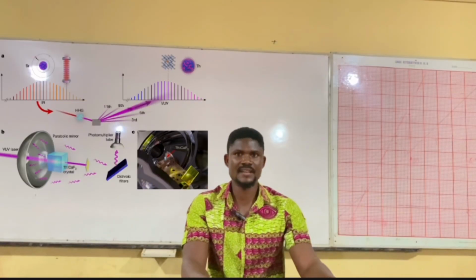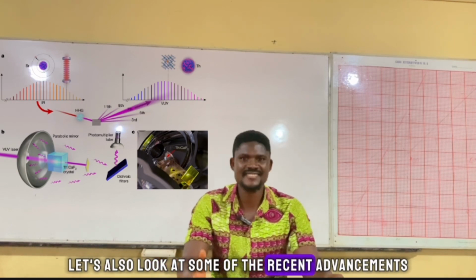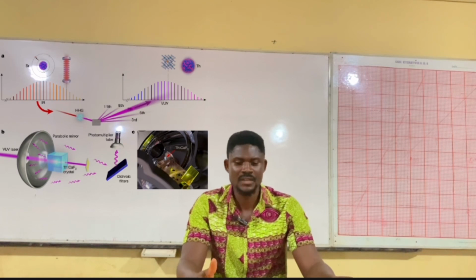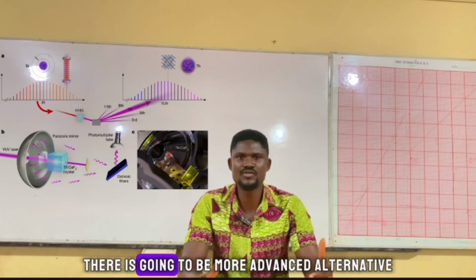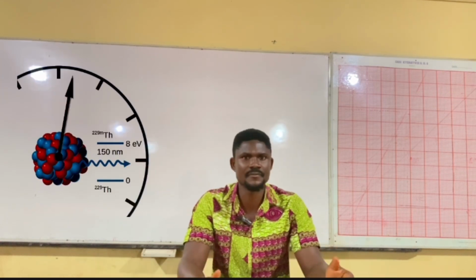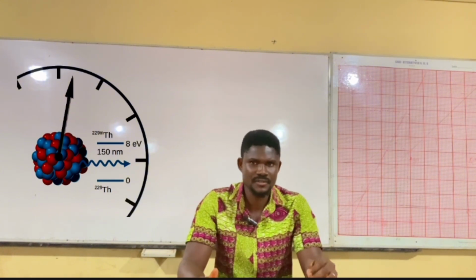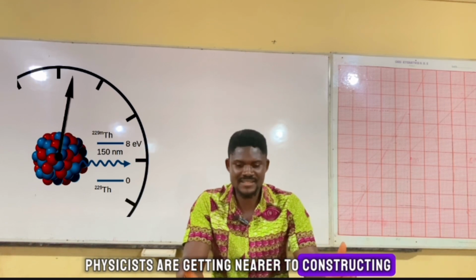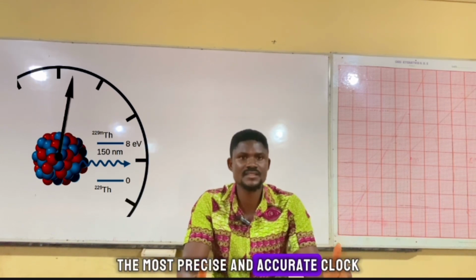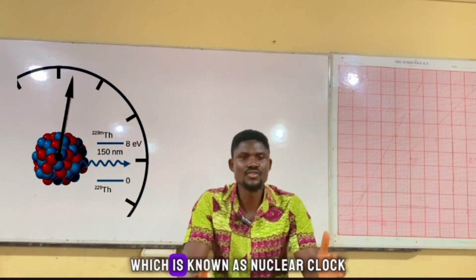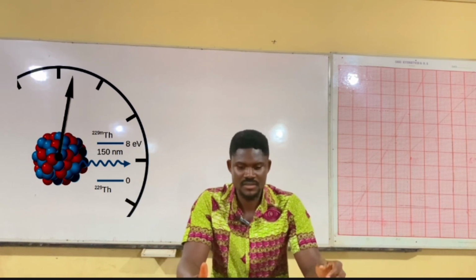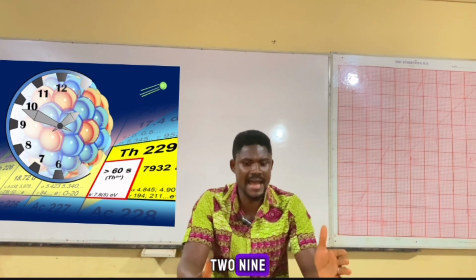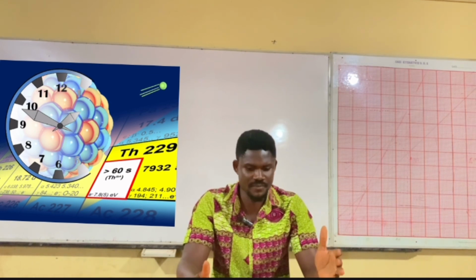Now, at this point, let's also look at some of the recent advancements in radioactive decay. Do you know there is going to be a more advanced alternative to atomic clocks? Physicists are getting nearer to constructing the most precise and accurate clock, which is known as a nuclear clock, and they are using the nucleus of thorium-229 in this invention.